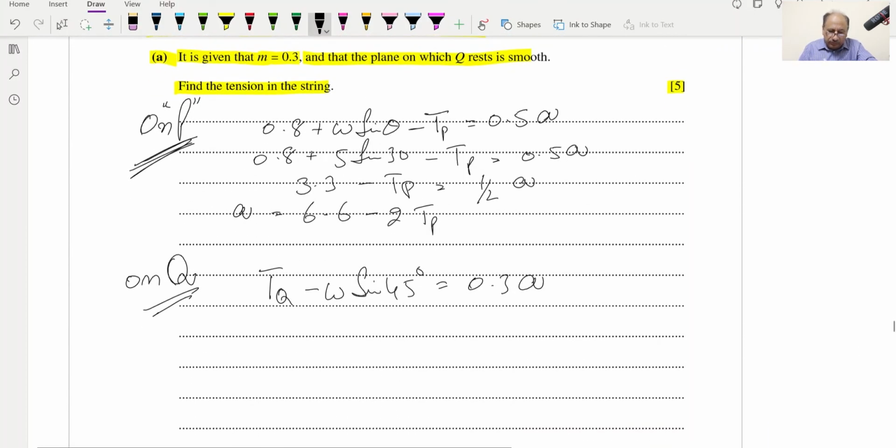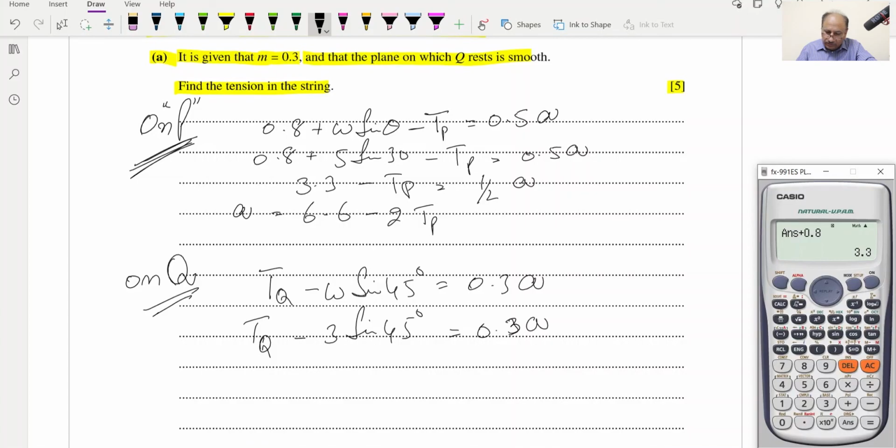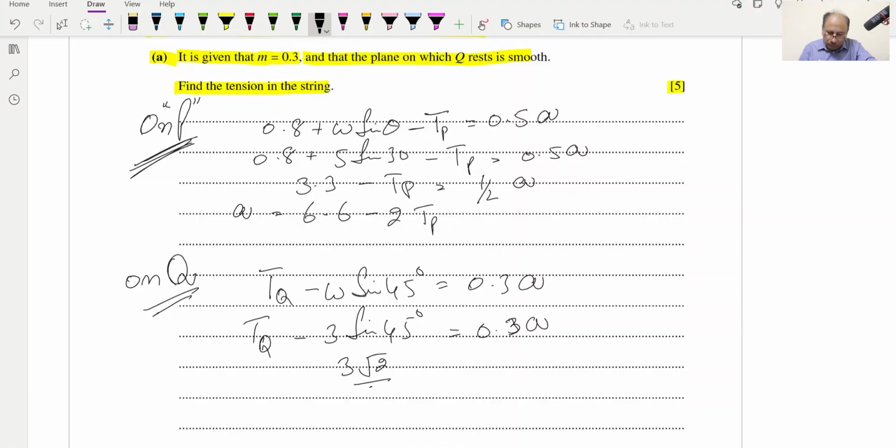W is 3, so 3 sine of 45 degrees, and minus TQ is 0.3a. We can rewrite 3 sine of 45 degrees as 3 under root 2 over 2, and this is TQ, and we can shift this to the other side, or otherwise we can write as it is.